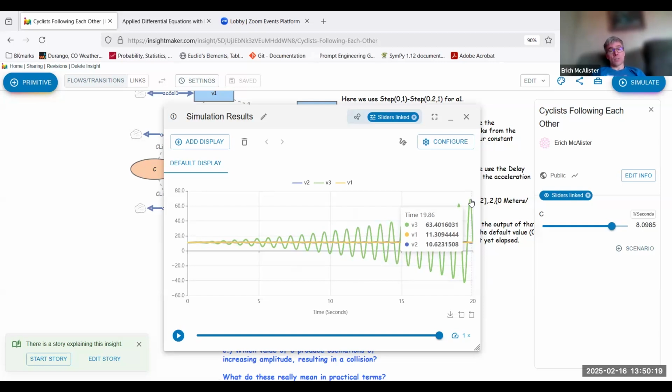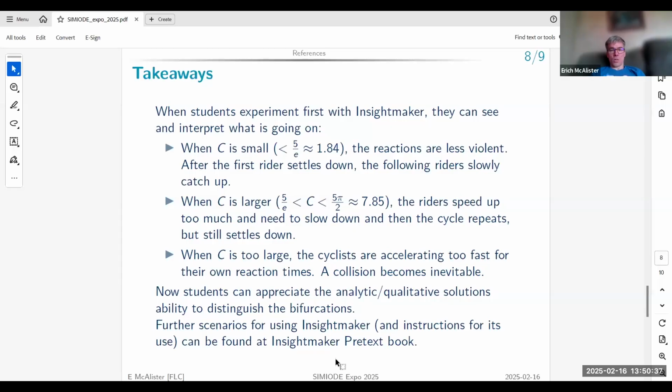Now the students can just see what's happening and ask why that is happening. So finally, I can go back to what you want students to get out of this, which is something like this. When C is small, the reactions aren't so violent.